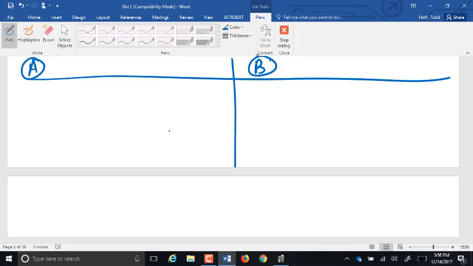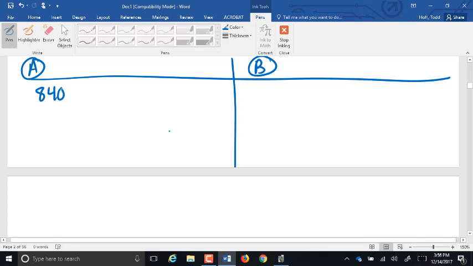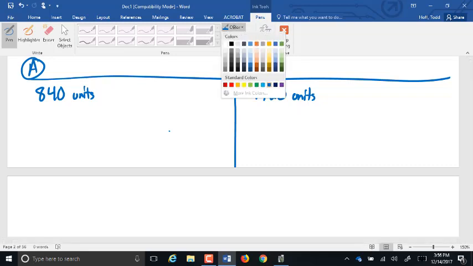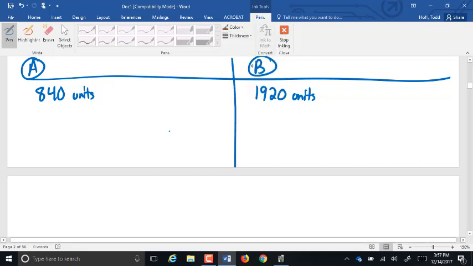Employee A produces 840 units. Employee B produces 1,920 units. Does that mean that employee A is gone? Well, not necessarily. They have different jobs working in different departments.